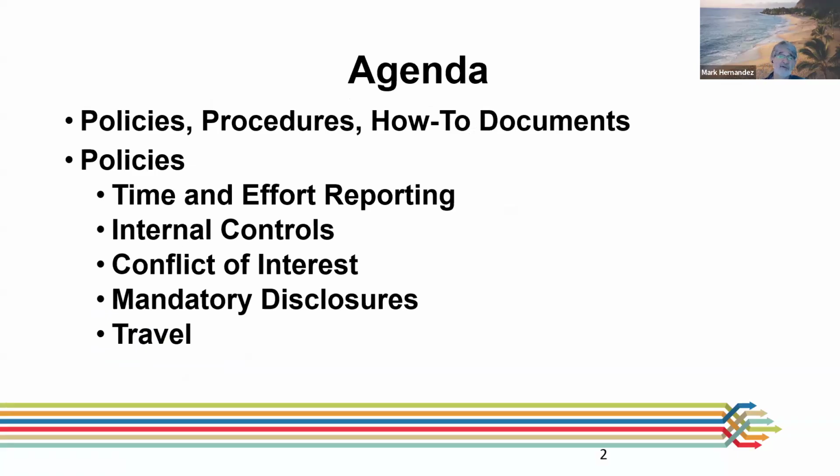Policies and procedures have been around for decades. Whether you were in the old system, the OMB circulars, or whether you're in now with the new system, which is the 2 CFR Part 200, which consolidated all of the circulars into one. That's one of the things about policies and procedures. It's been around.